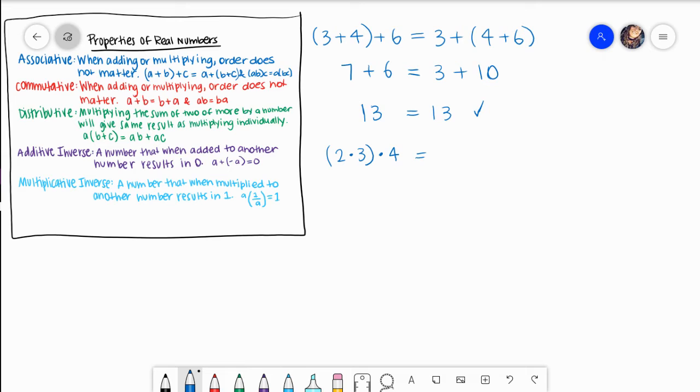I'm telling you that it is the exact same thing as doing 2 times, in parentheses, 3 times 4. So on the left-hand side, you would look in your parentheses and you would see 2 times 3, and you would get 6 times 4. And then on your right-hand side, always following order of operations, we would do our 3 times our 4, and we would get 12. And then I have my 2 right here.